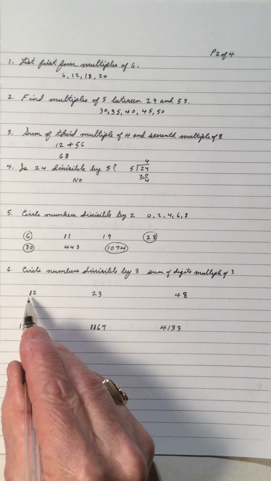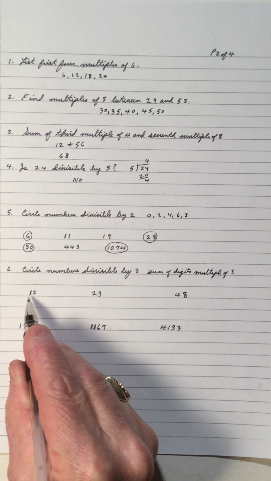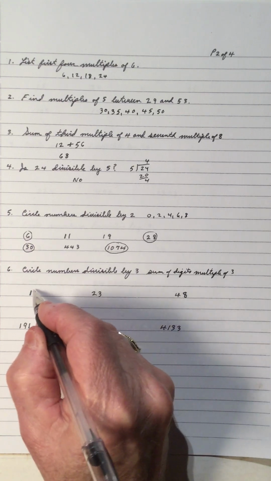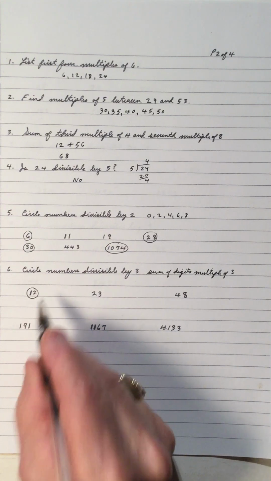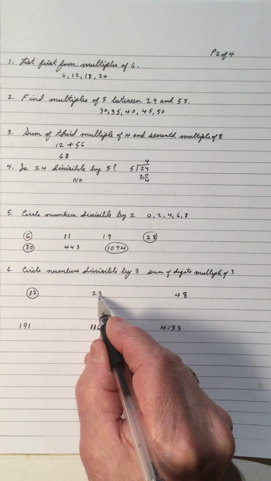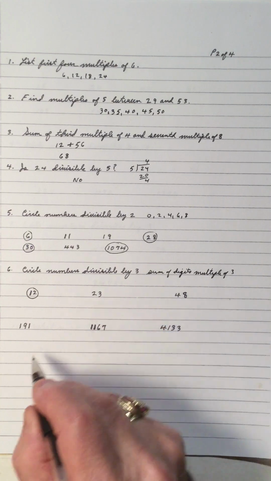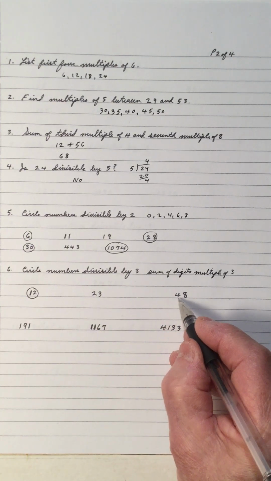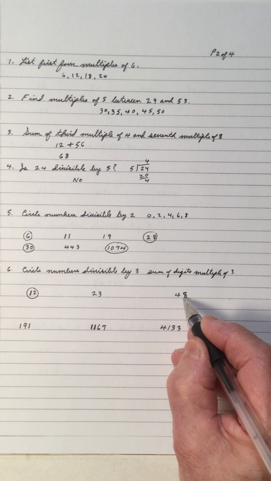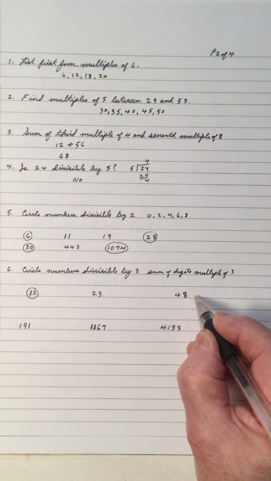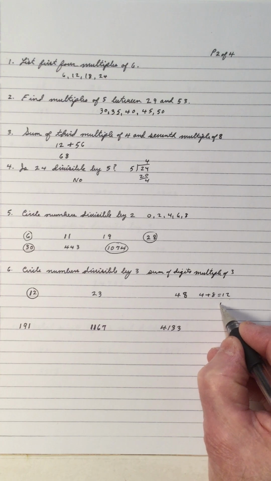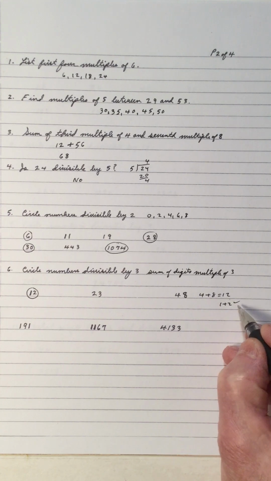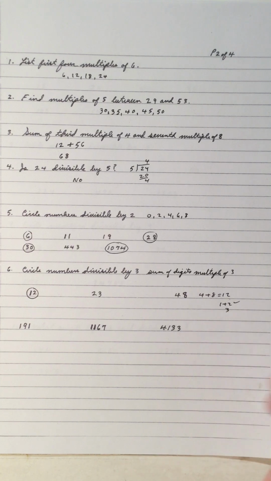So let's add up the digits. 1 plus 2 is 3, so 12 is divisible by 3. 3 into 12 goes 4. 2 plus 3 is 5. No, it's not divisible by 3. 48: 4 and 8 add up to 12, and 12 is divisible by 3. If you add up the digits and get 12, and add them again and get 3, that means it's divisible by 3.